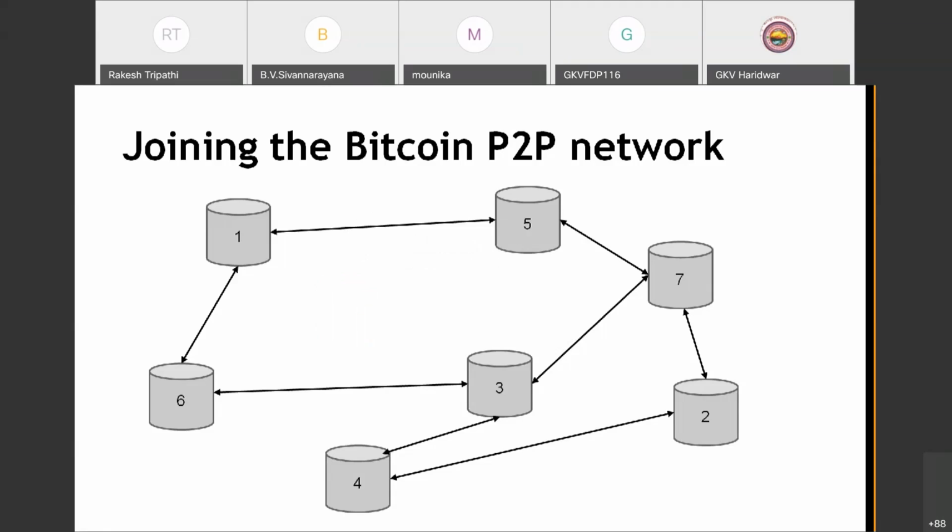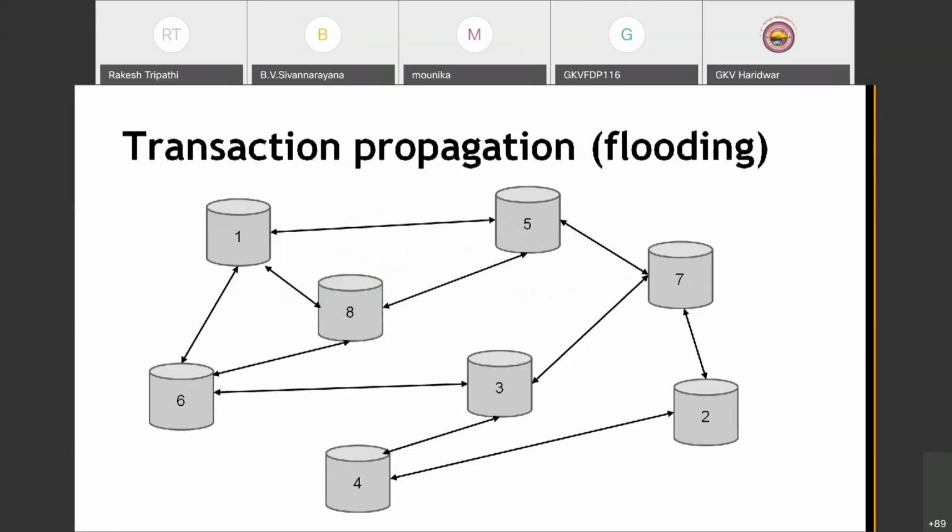So you can talk to a seed node and get addresses. I ask, who are all your neighbors? It will say 1 and 7 are my neighbors. Then I talk to them and ask, who are all your neighbors? And then I have some idea of the overlay network. So somehow 8 has positioned itself in this Bitcoin network, it has joined.